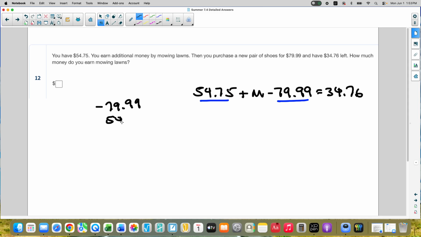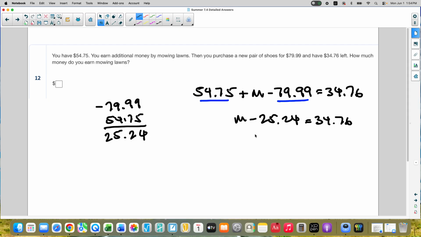And that's $54.75. So we're subtracting. That's a 4. That's a 2. That's a 5. And that's a 2. So we get M minus 25.24. We had more negatives than positives. Equals $34.76. What's happening to my variable?